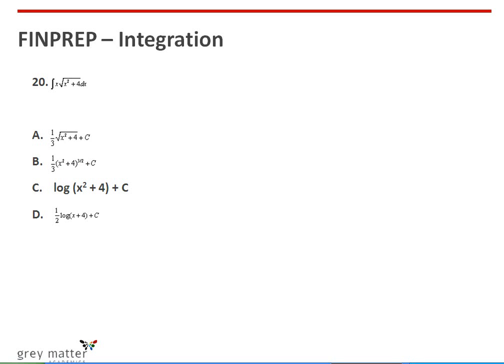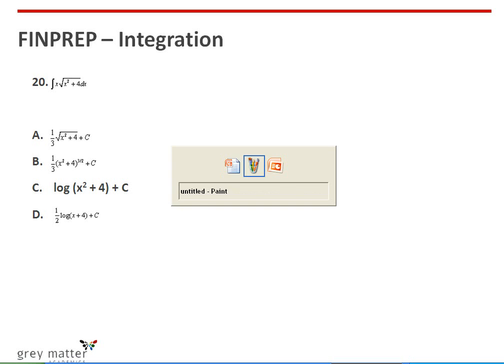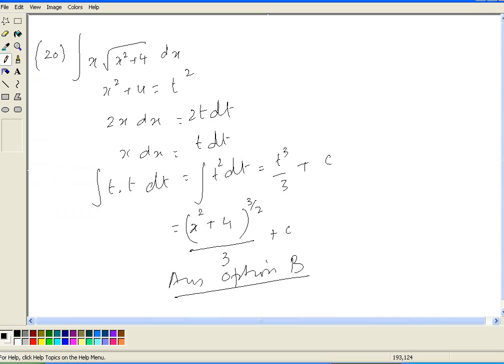20th problem, integral of x root of x squared plus 4 dx. Going to our worksheet, integral x root of x squared plus 4 dx. You substitute x squared plus 4 equal to t squared, differentiating on both sides, 2x dx is equal to 2t dt. x dx is equal to t dt. So you have integral t into, under the square root, you substitute t squared for x squared plus 4, so you get t.